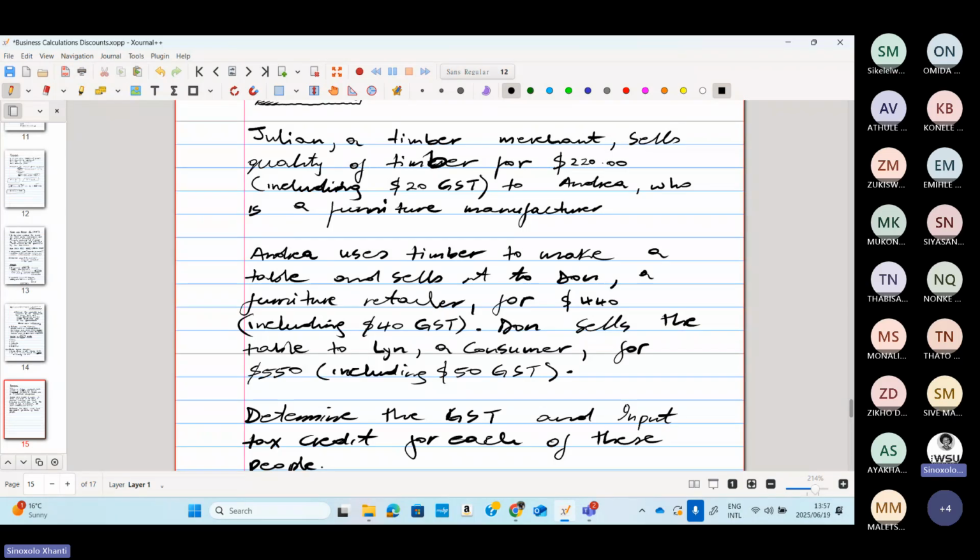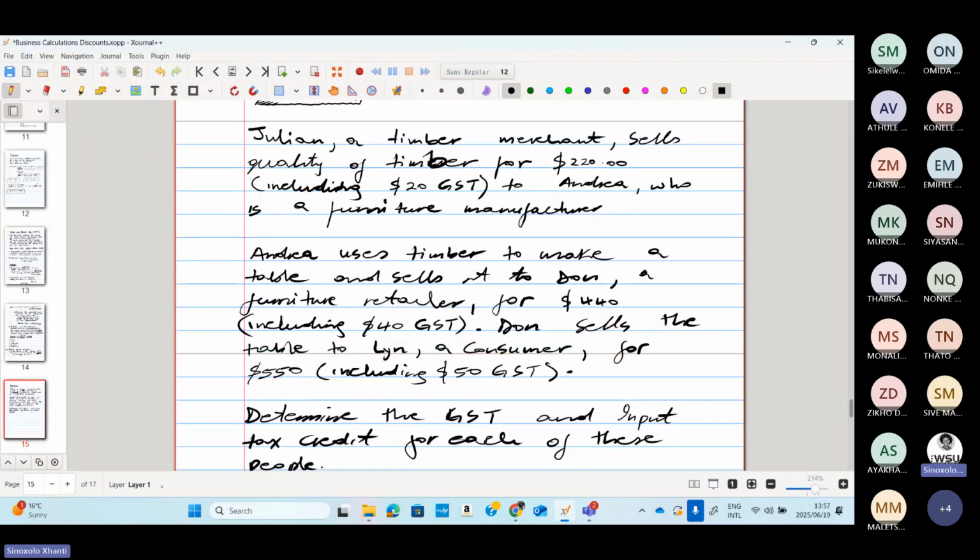So next, we'll talk more about personal income tax. What is gross income? I want you to understand that. What is assessable income? What is taxable income? And all those smaller things, so that you get a better understanding of what we are doing here.